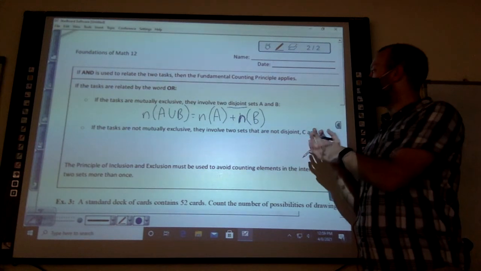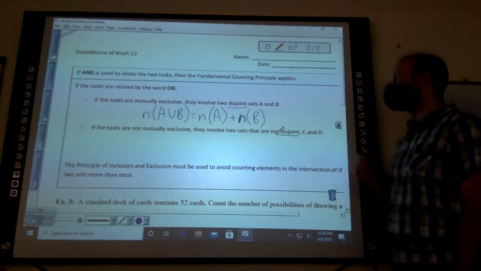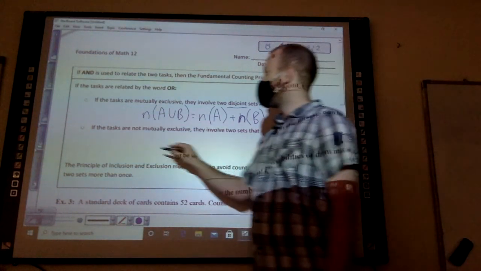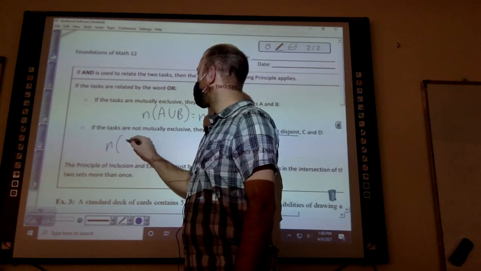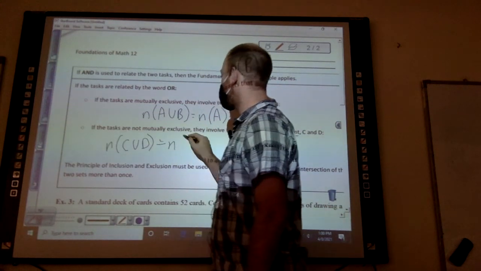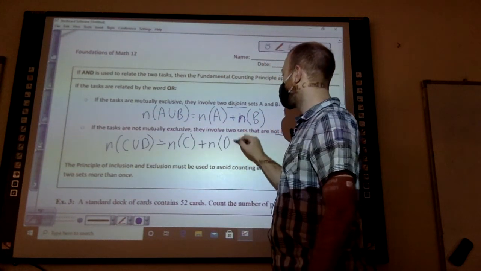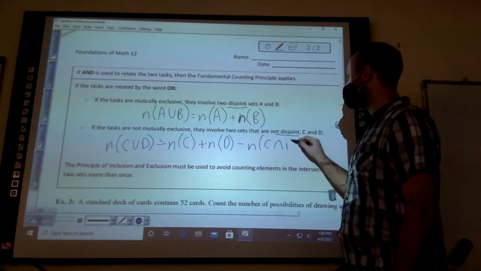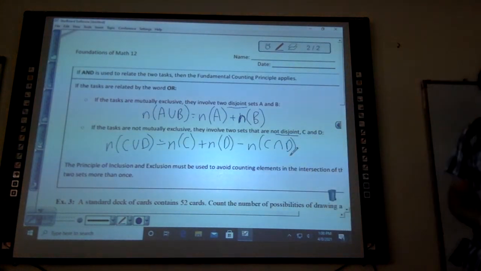If they are not disjoint, I'm going to have an intersection in the middle. So for this case, did it say C and D? Yeah. So the number in C or D is going to start out similar. So the number in C plus the number in D minus the number of elements in C and D. So I'll just add this center region on there.